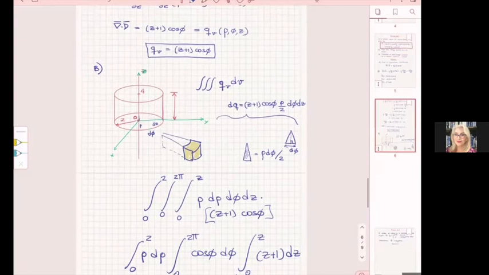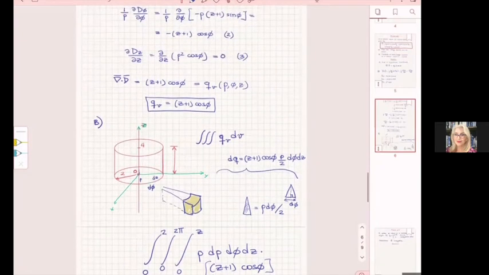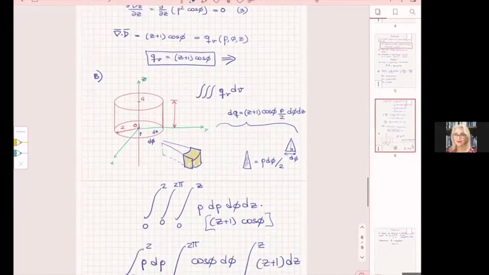If I did not go directly into math, I would have said the total charge inside this slice of cylinder would be 0, because the integral of a cosine phi from 0 to 2 pi is 0.